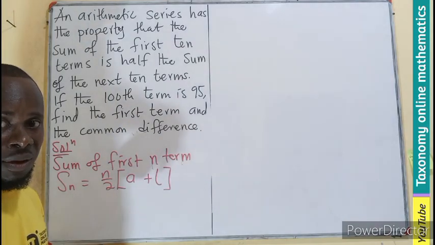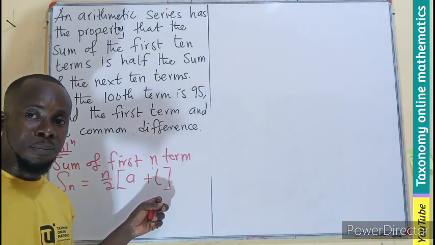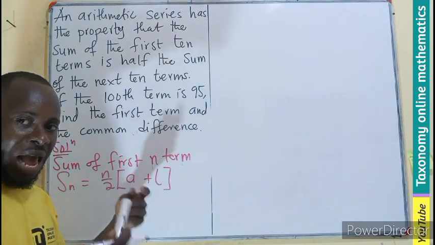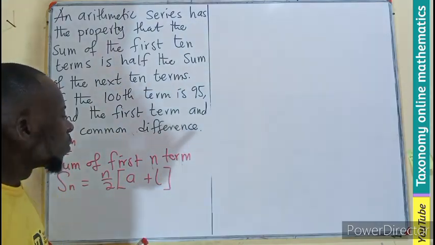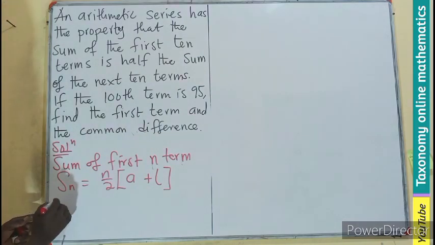There are two formulas. We can use the first term and the last term, or 2a plus (n minus 1) times d.